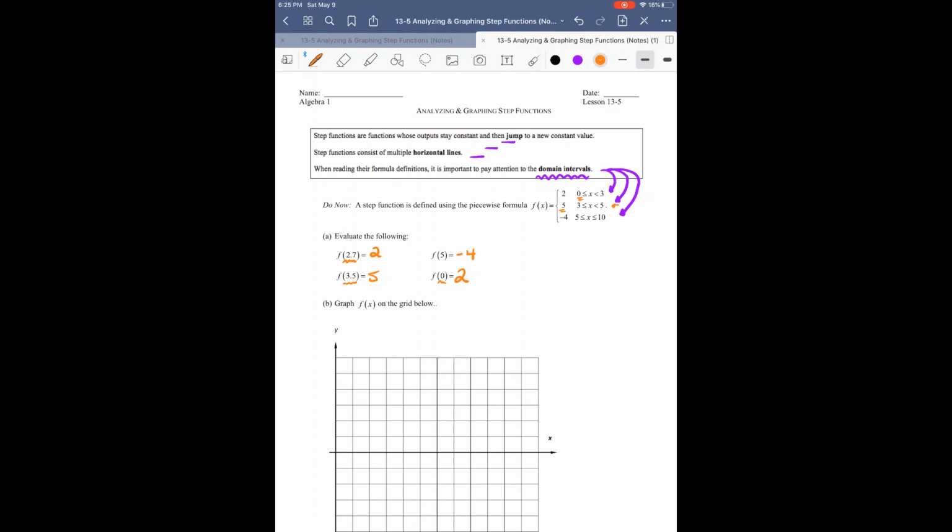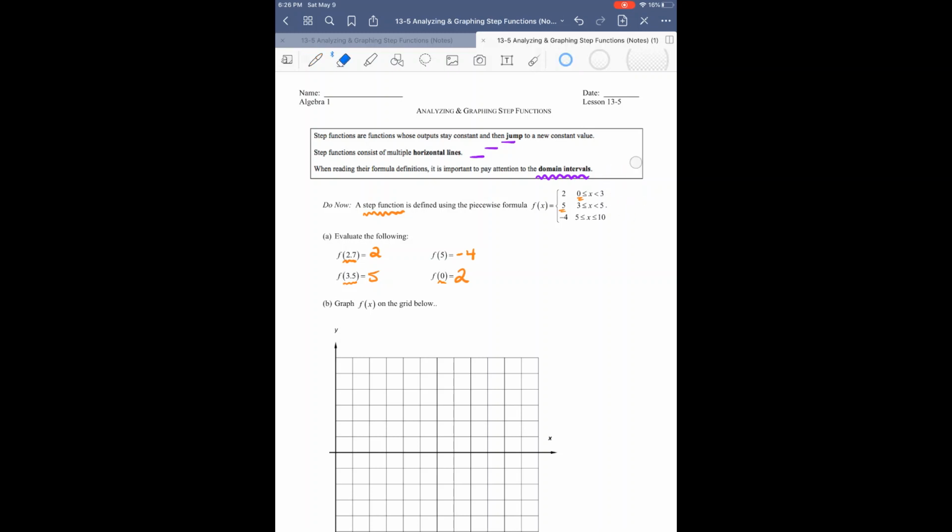Now we're going to try to graph f of x on the grid below. So since we have a step function, we know that we're going to have multiple horizontal lines on our graph. What's most important is that we understand where our closed circles are and where our open circles are. And for that, we're going to look at the domains.